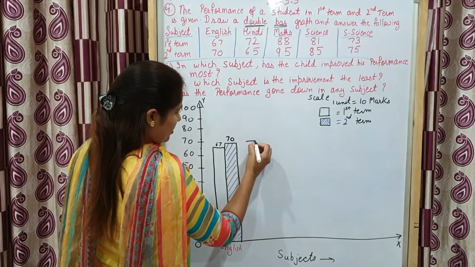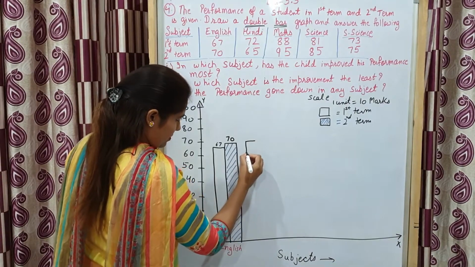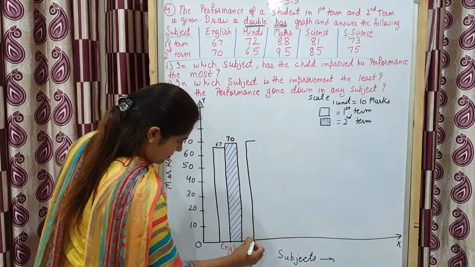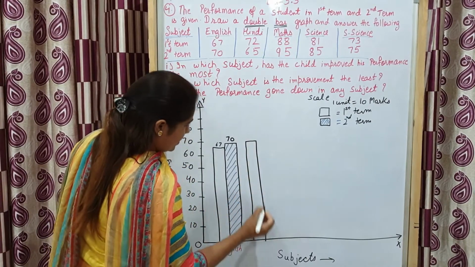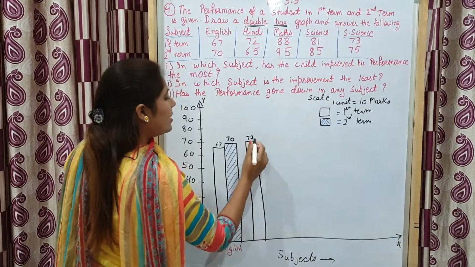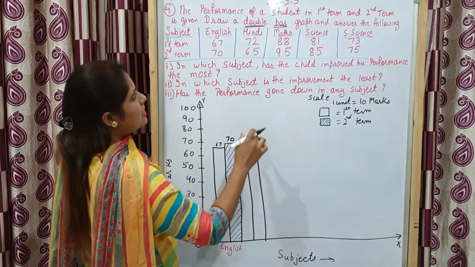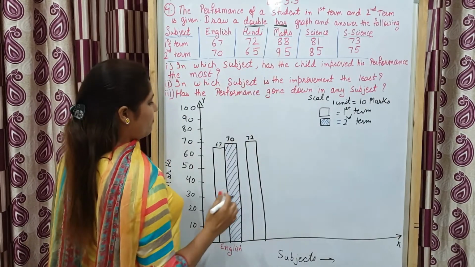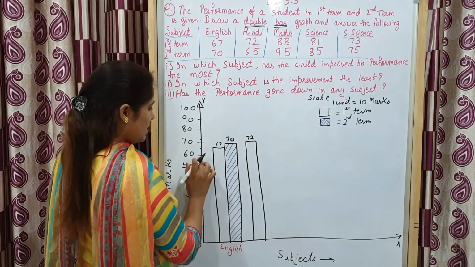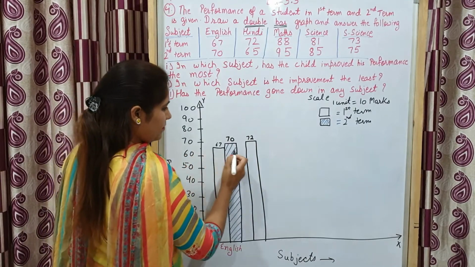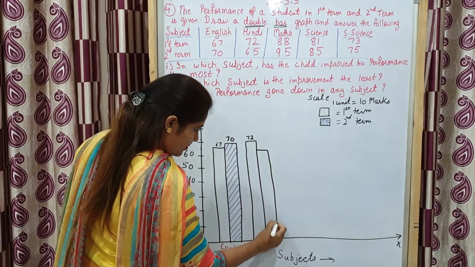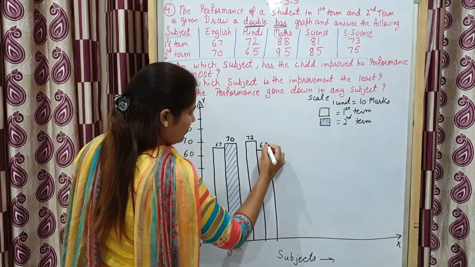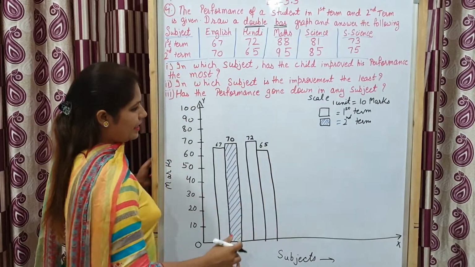That is 72 here. I am writing the number here so that it is easy for you. Then 65 without leaving a box. 65 between them. I will draw a line at the end.